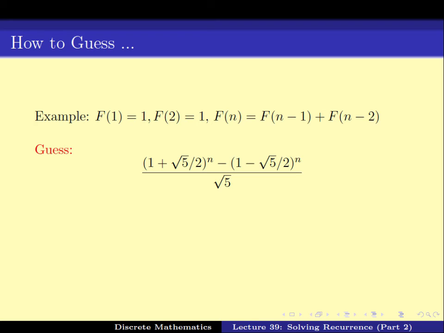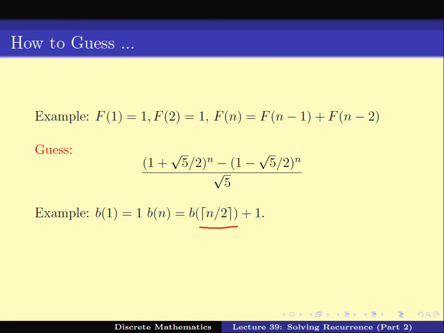Right? Also, we have other kinds of formulas like this one, where b1 equals 1 and bn equals b of the ceiling of n by 2, plus 1, where this one denotes the integer that is bigger than or equal to n by 2. So if n equals 9, then the ceiling of n by 2 is 5. Right?